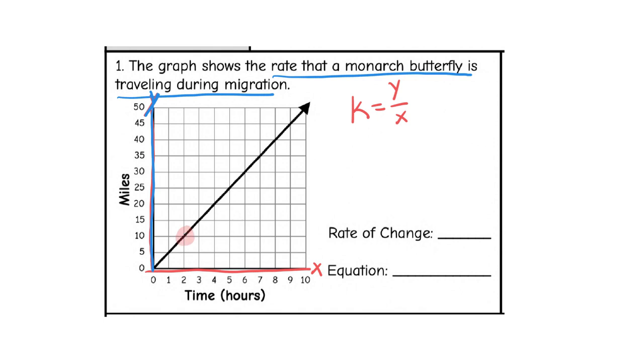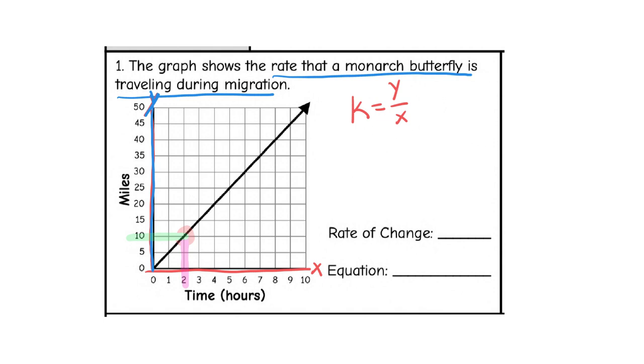If I draw a line straight down, I have an x value of 2. If I draw a line straight over, I have a y value of 10. Something to pay attention to: this goes up by 1 every time on my x, but my y value skips by 5.